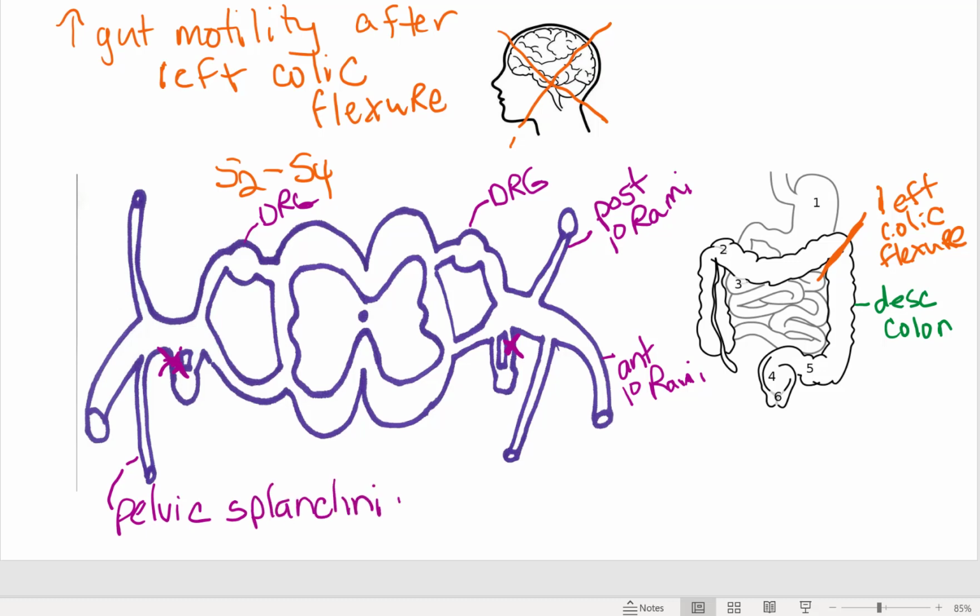I'll remind you from last week that splanchnic nerves have preganglionic fibers in them. So our two-neuron chain would begin with the preganglionic cell body found in a lateral gray horn.